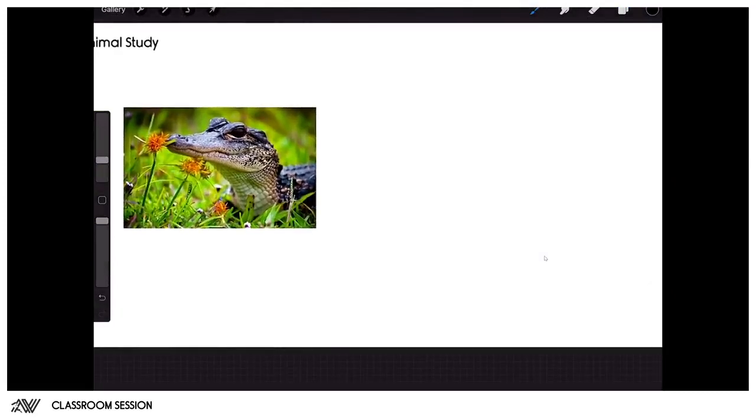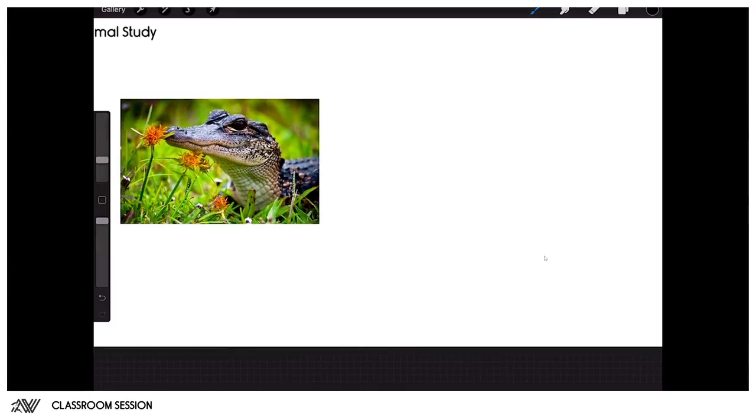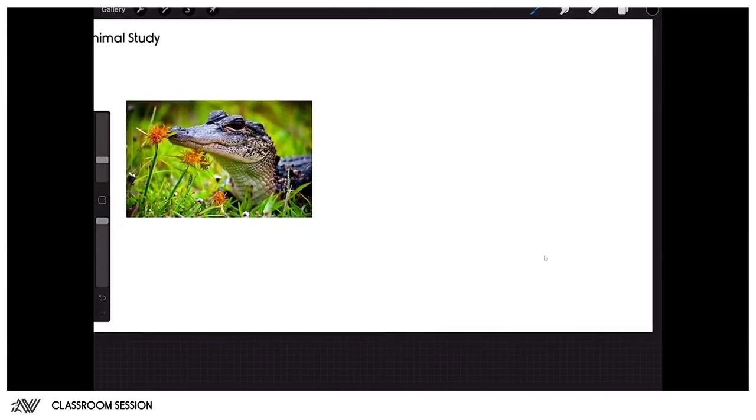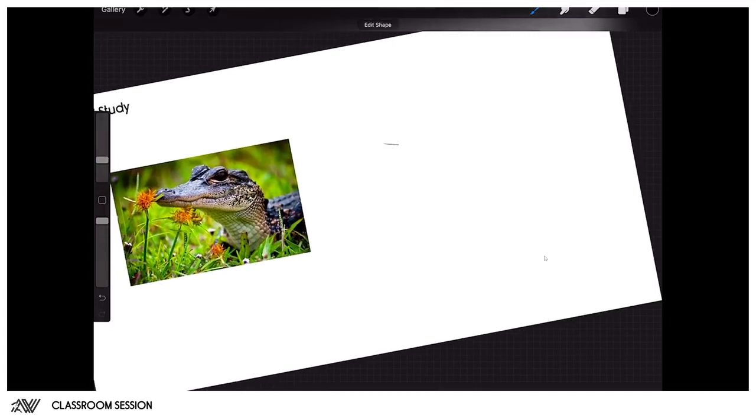So the first thing that you want to consider is, okay, what are the most rudimentary shapes that this crocodile consists of, right? If I look at it, it's a tapered box with a cylinder sitting on top. All I have to figure out now is what's the perspective of that box and how does it sit in space, right? If I look at it, it's a little bit of an up tilt, so it probably looks a little bit like this.